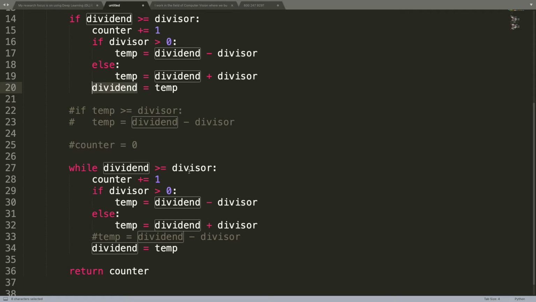That will give us a wrong answer. 1 is still greater than or equals to minus 3, and we don't need to go through that iteration.